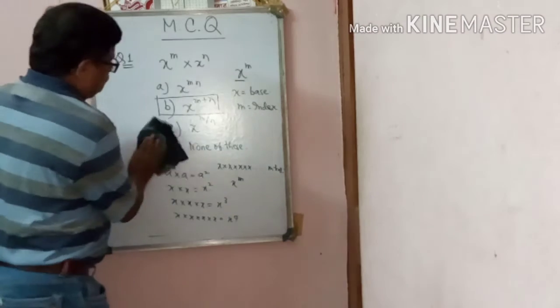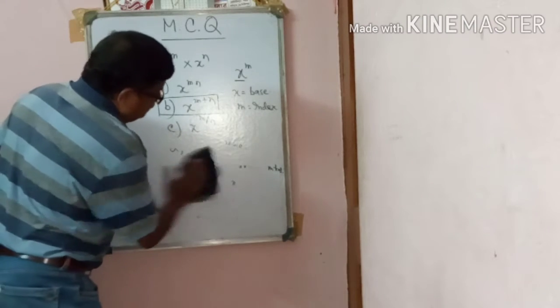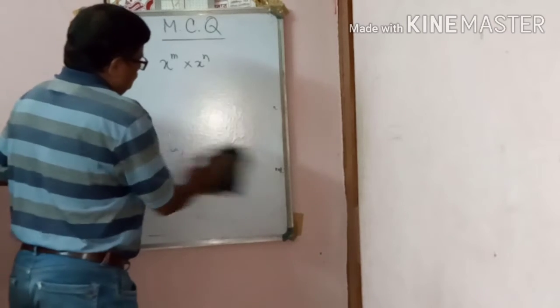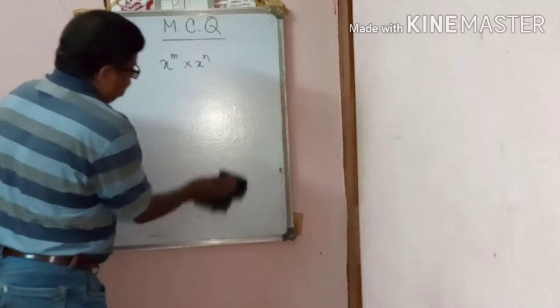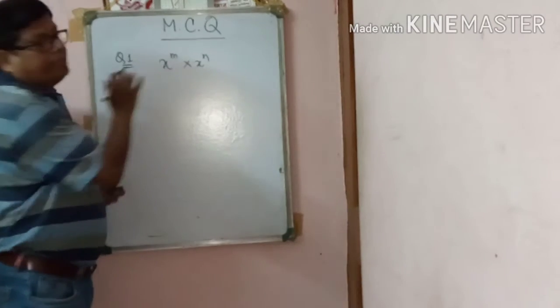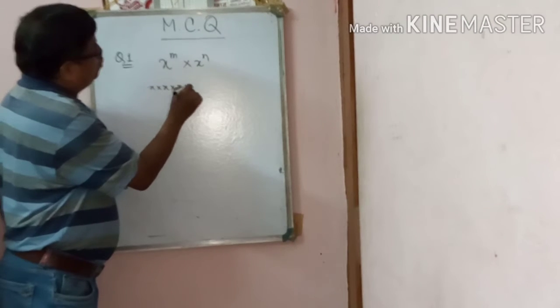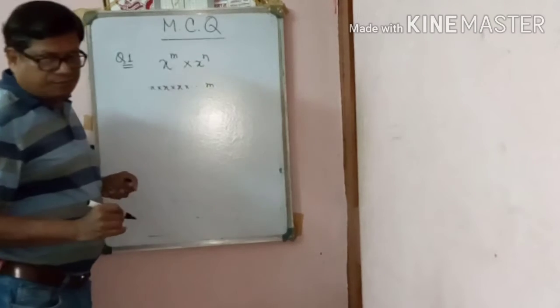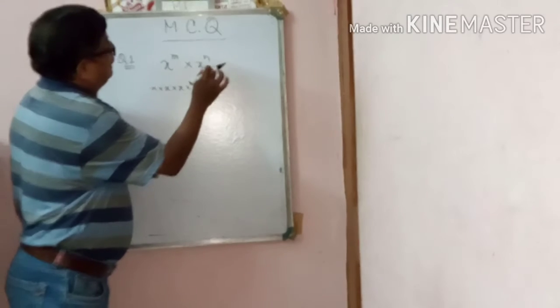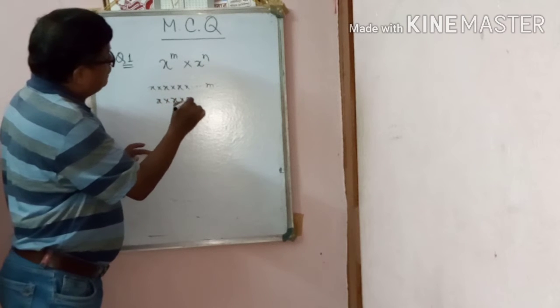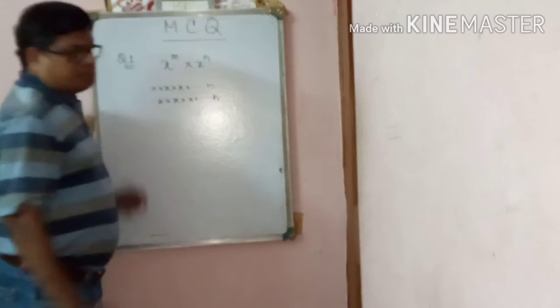I am explaining this part again. x to the power m is x into x into x up to m times, and x to the power n is x into x into x up to n times.